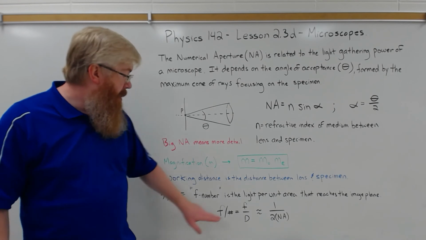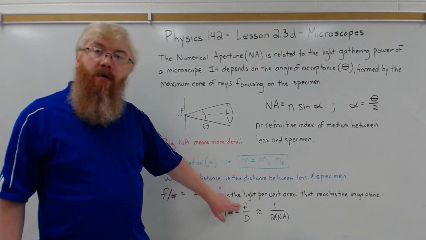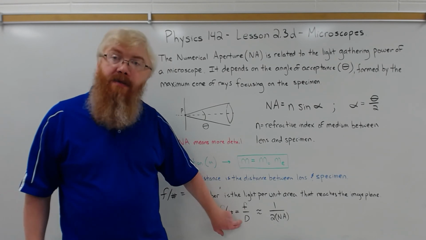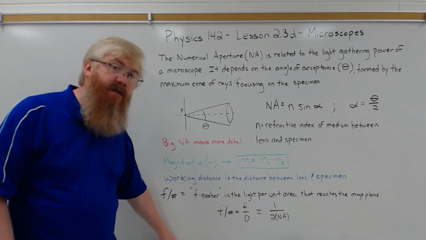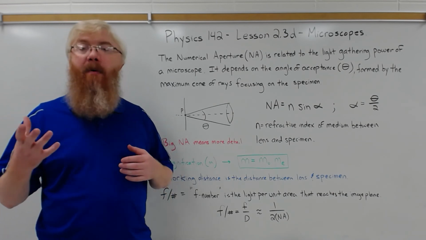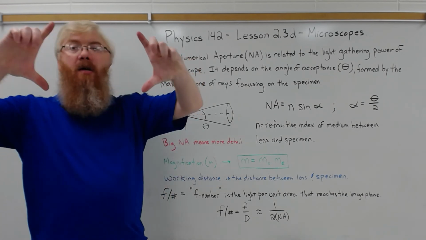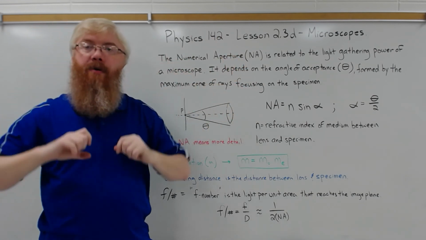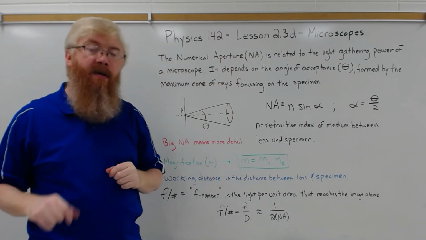So you want a small F number, so a short focal length or a big diameter lens will give you a fast lens. If you've ever watched sports, especially football, on the sidelines, you see cameramen and camerawomen with these huge, long lenses with very, very large pieces of glass in the front.